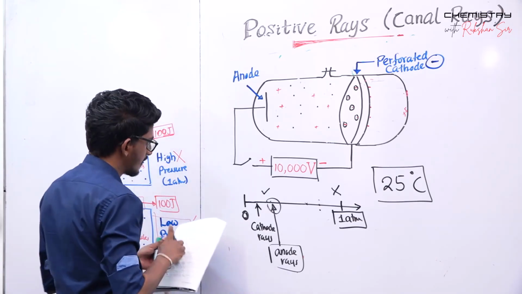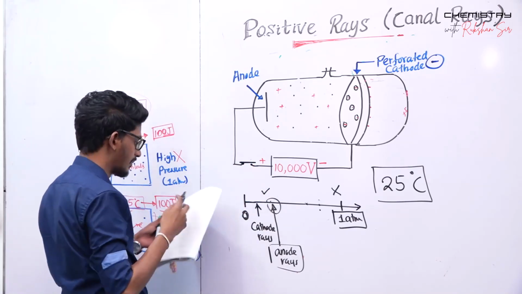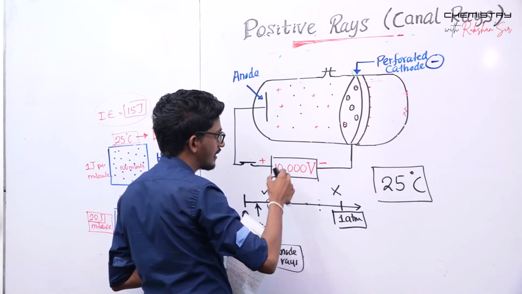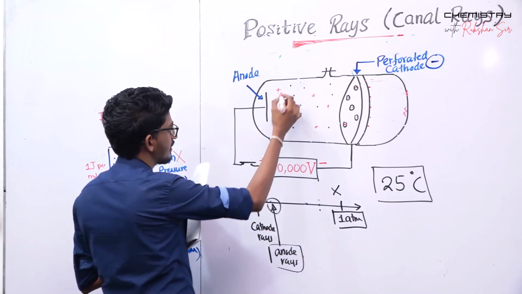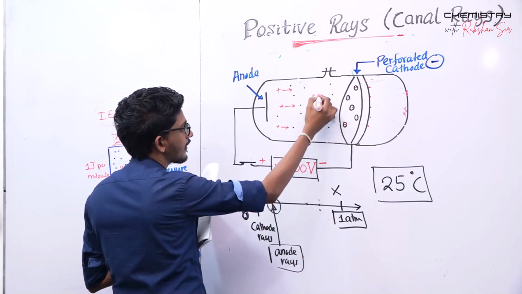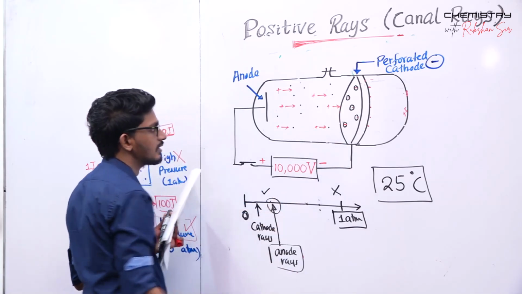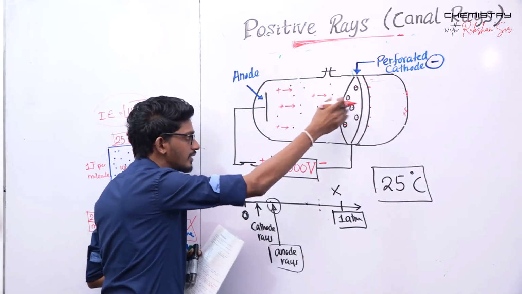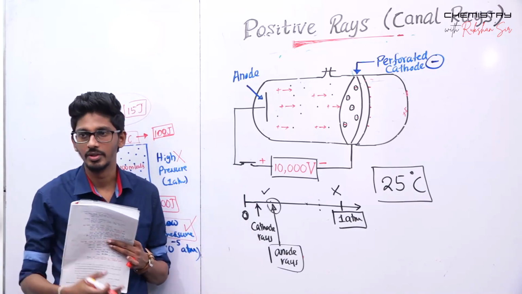So when you turn the switch on, what will happen? This becomes the negatively charged terminal, so these few positively charged particles start to travel towards the negatively charged terminal.